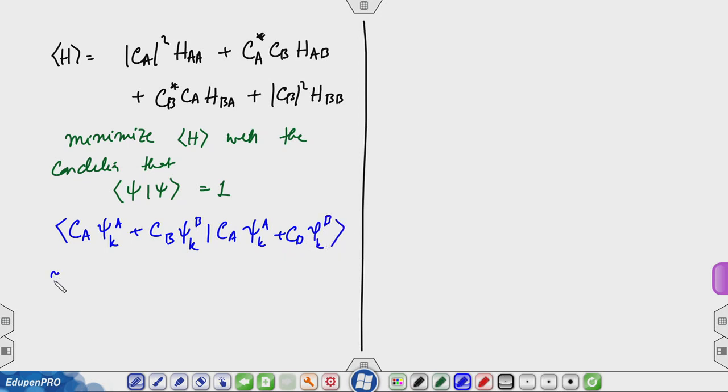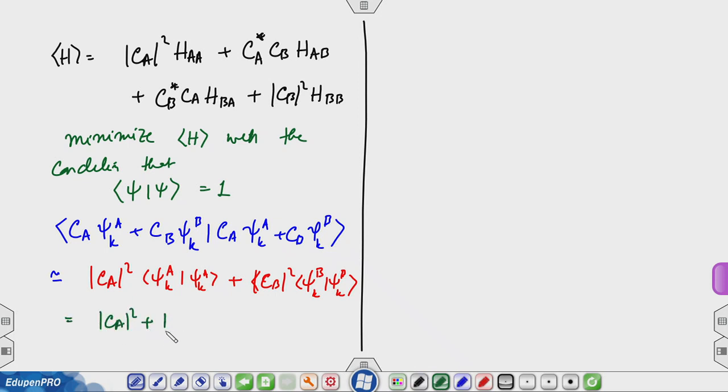I will write this approximately, by neglecting the overlap between A and B atomic orbitals, or assuming they are orthogonal, as mod C_A square psi_kA psi_kA plus mod C_B square psi_kB psi_kB, and each one of these is normalized, and therefore, this is equal to mod C_A square plus mod C_B square, and I want this to be 1. That is the condition under which I will do.